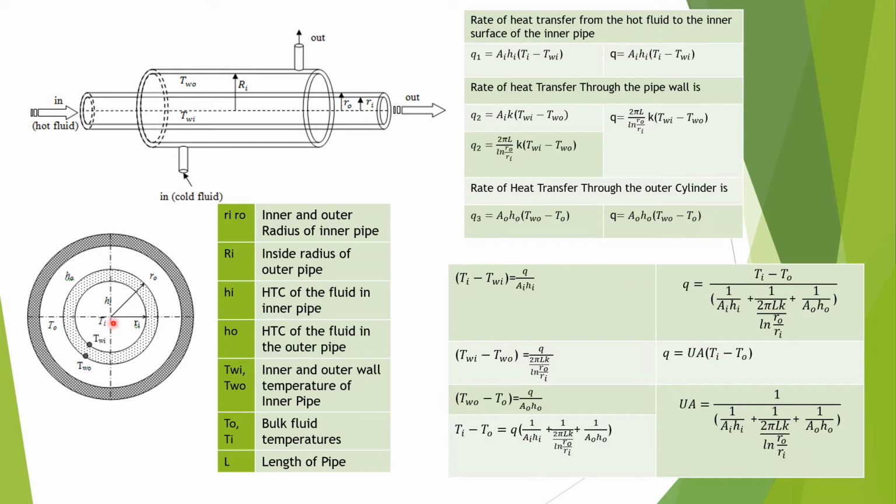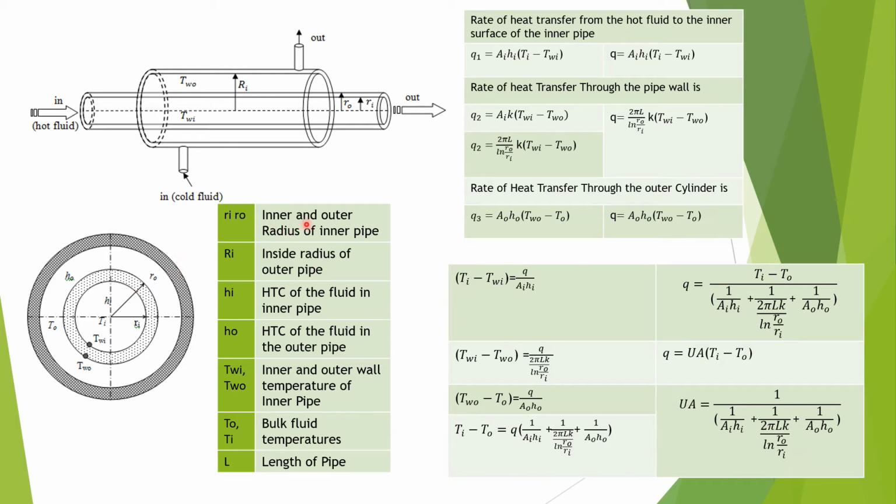First I will explain this cross-sectional view. This is the inner pipe and this is the outer pipe. ri is the inner radius of the inner pipe, and ro is the outer radius of the inner pipe.